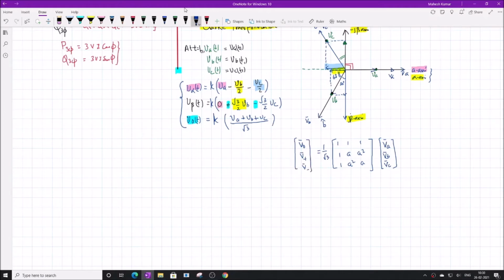This is called zero sequence, this is called positive sequence, and this is called negative sequence. BA, BB and BC could be unbalanced phasors. This is called the phasor symmetrical component.